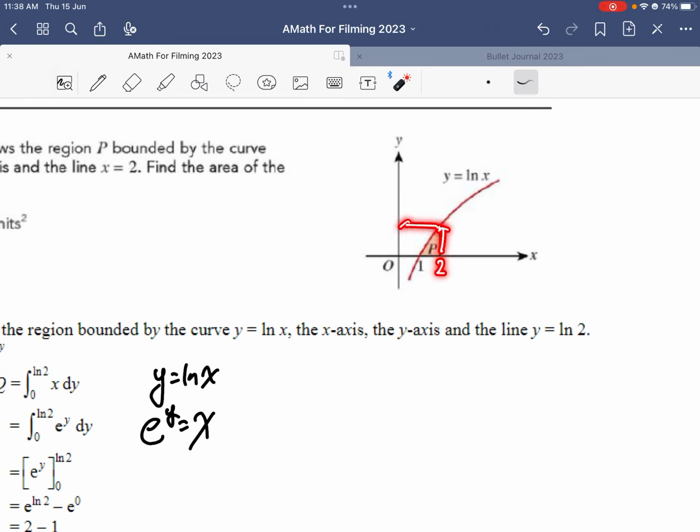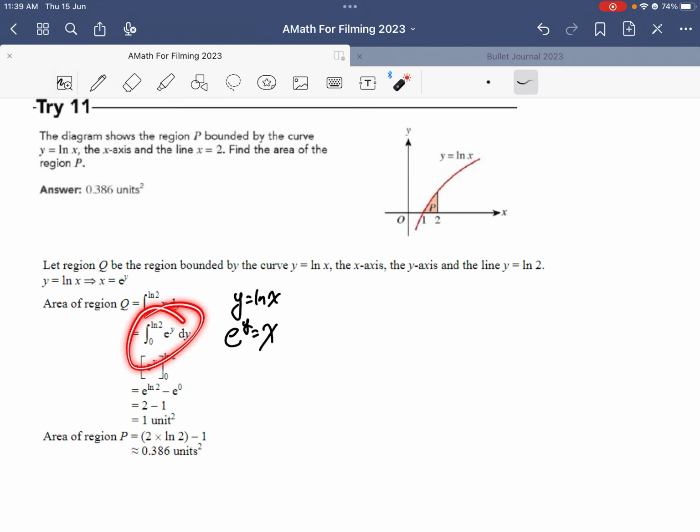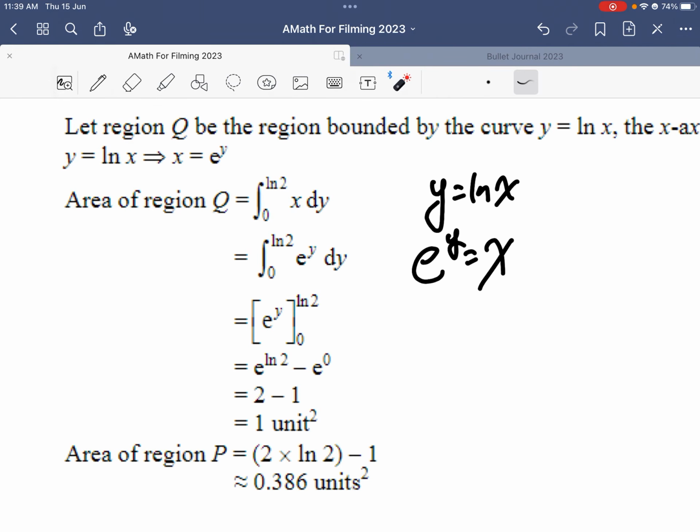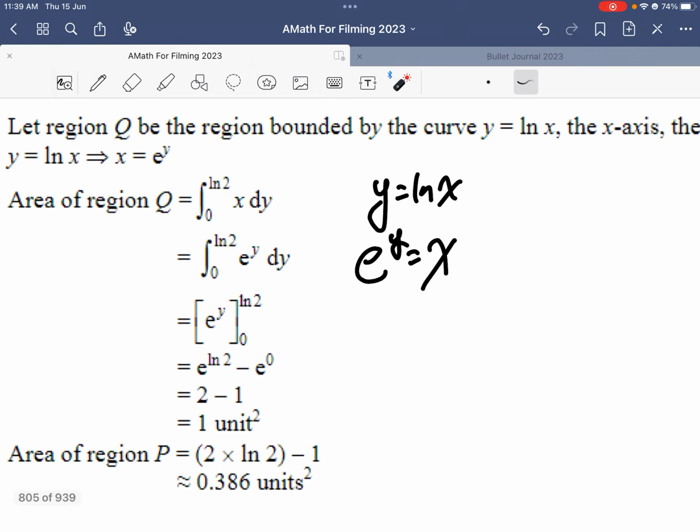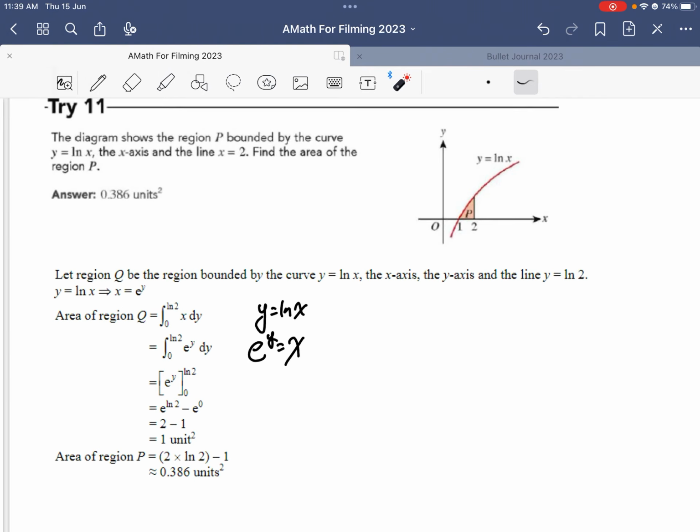Over here, my x value is 2, so I just sub in x equals 2, and my y value is ln 2. Hence, I'm integrating from ln 2 to 0. Integrating e to the power of y with respect to y gives you back e to the power of y. Then we have ln 2 and 0. If you work out everything, you find the area of region Q is 1 unit.